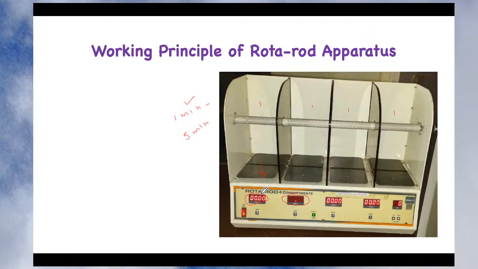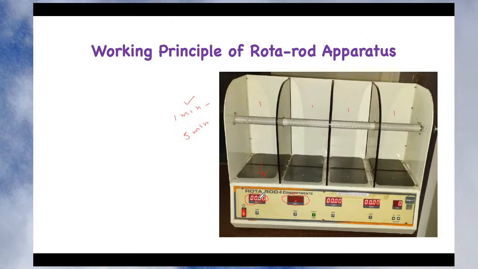Okay, so whenever you start this button, the rotating rod will start. You are keeping the animal and this counting will start, like 1, 2, 3, 4, 5. This reading will start, isn't it? Then you need to keep the animal on the rotating rod. That animal will try to remain on that particular rotating rod, and depending upon their muscle grip strength, he will fall from the rotating rod, isn't it?